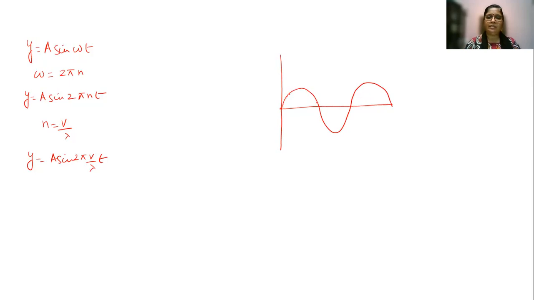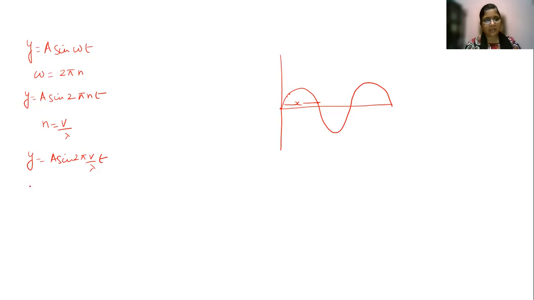Let me consider a particle at a distance x. Let me also consider the wave is moving at a velocity v. So this particle will start vibrating at a time much later than this, and the time it starts to vibrate will be determined by the distance traveled and the velocity of the wave.